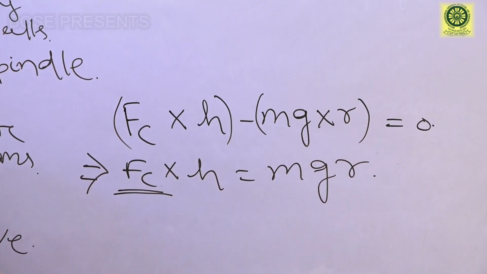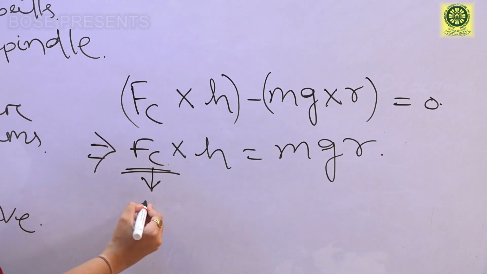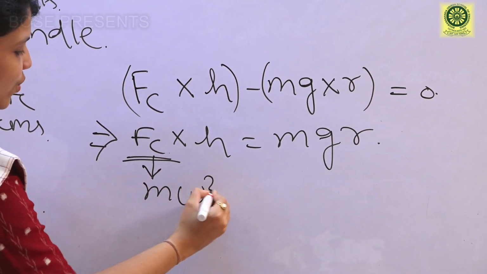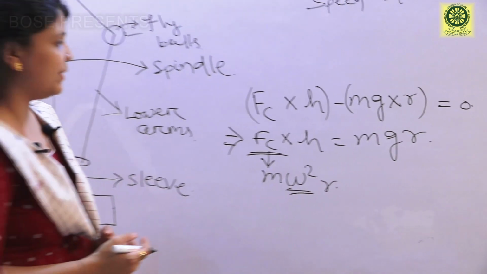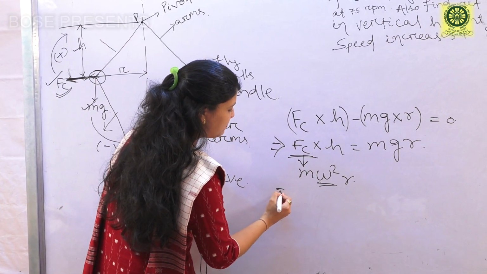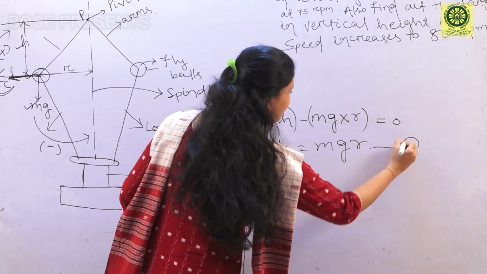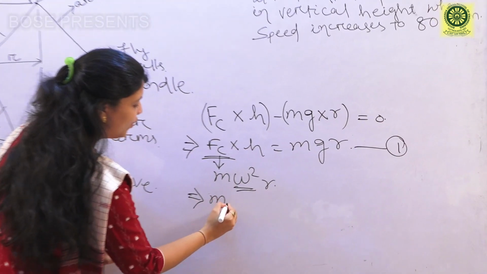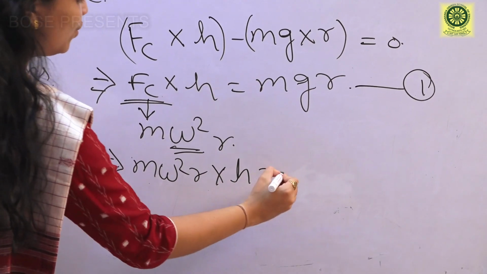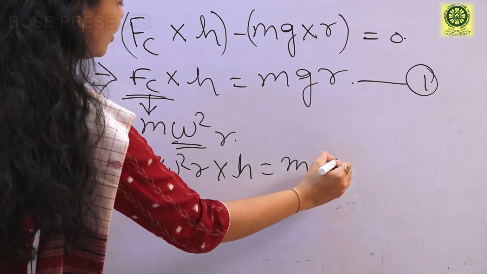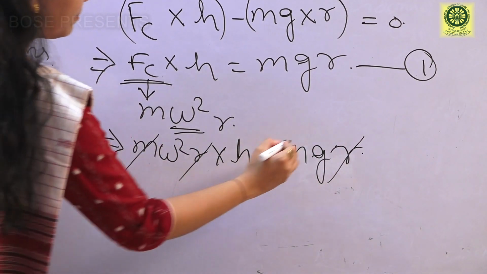This Fc is the centrifugal force, and we know that the centrifugal force equals m omega square r, where omega is the angular velocity. Replacing Fc as m omega square r, we can write equation 1 as m omega square r into h equals mg into r. So here r cancels out.